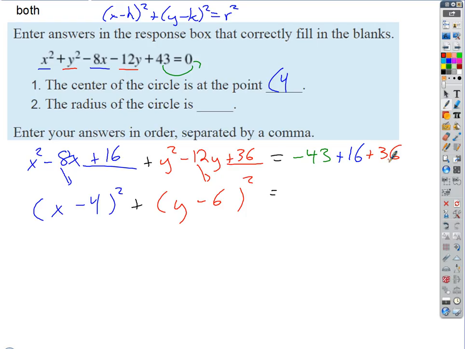That tells me that the y coordinate of the center, which we call k, is 6. And then what do I end up with on the other side? 16 and 36 is 52, minus 43 is 9. And so r squared is equal to 9, so r is 3. That's it.